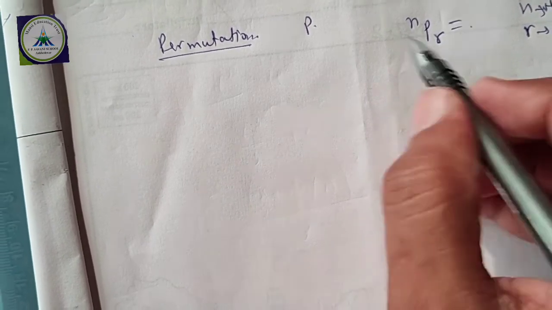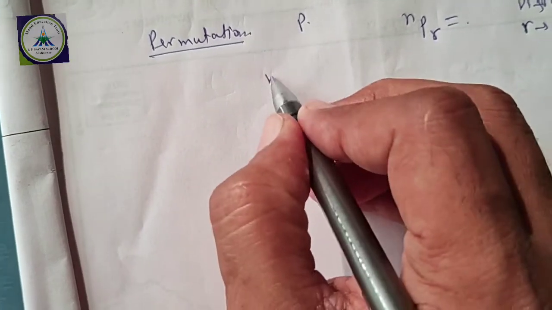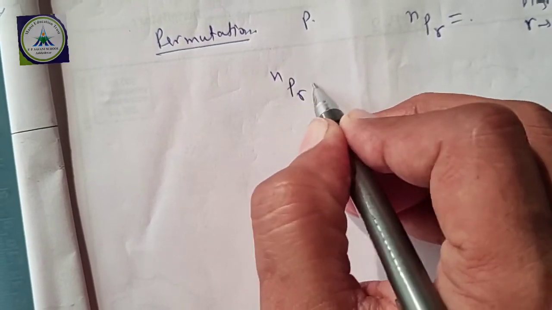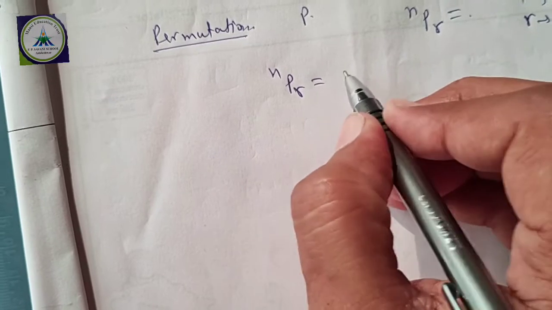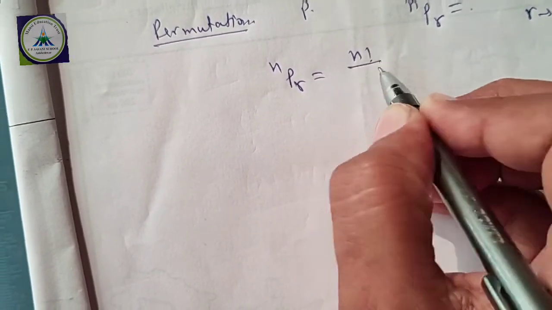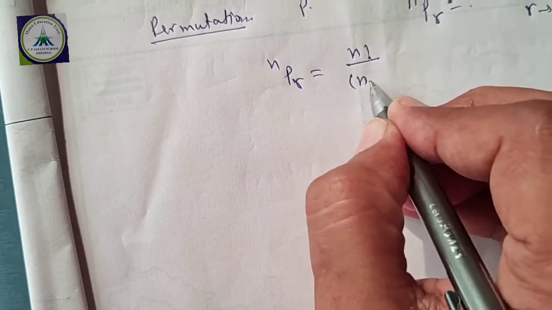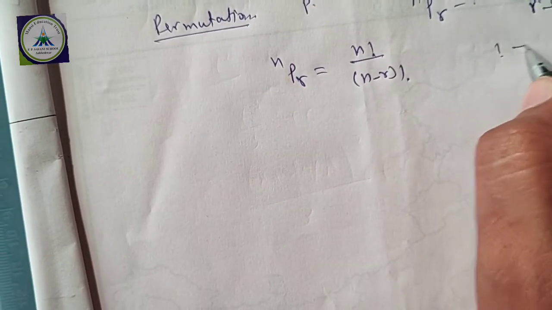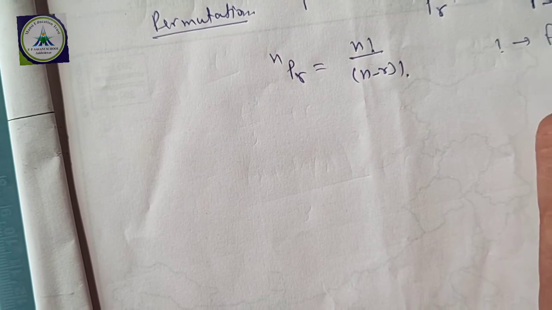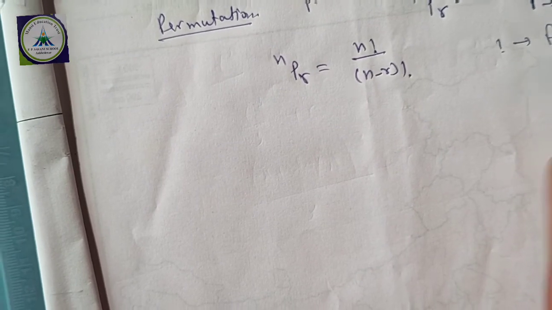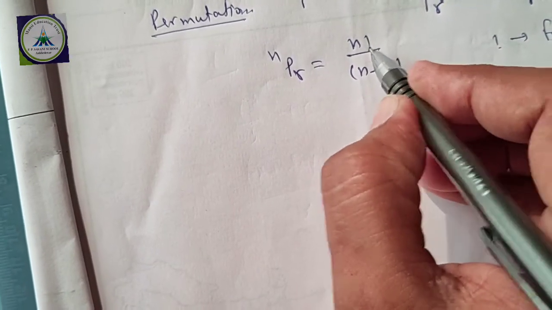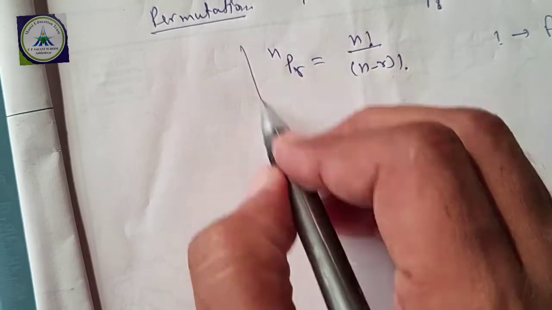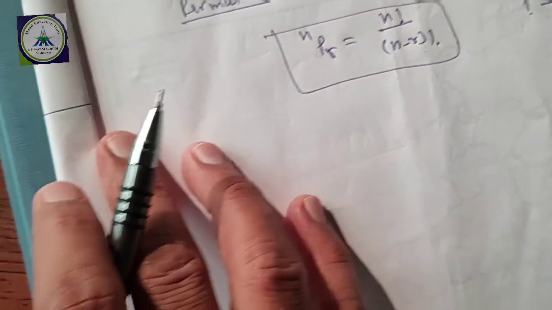So this is the formula: nPr equals factorial n upon factorial n minus r. This is the formula of permutation.